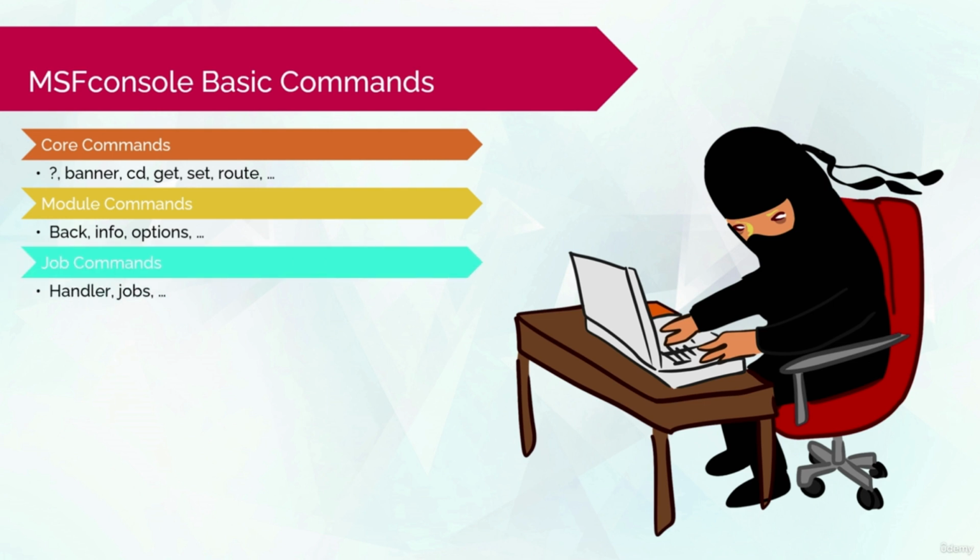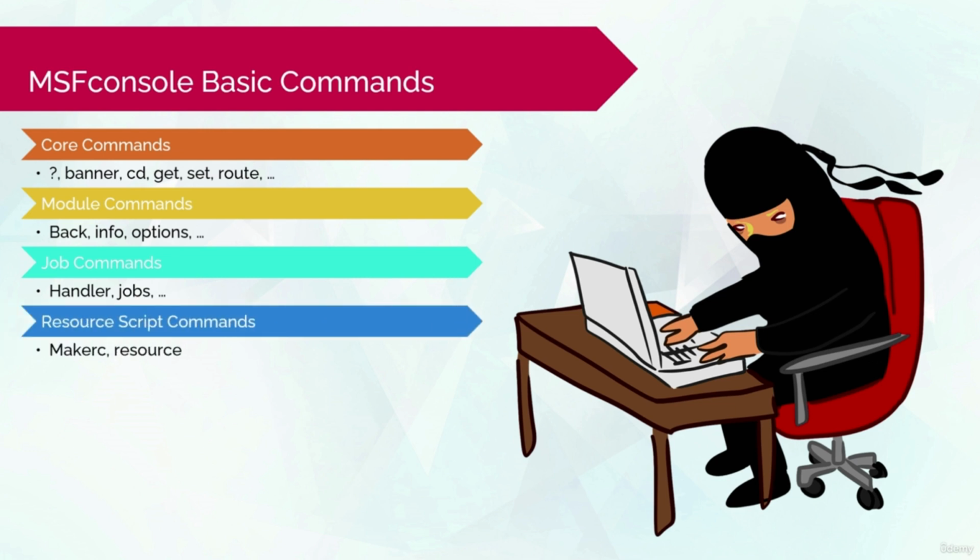Job commands are basically used for interacting with your sessions and to view the status of the jobs that you've started. Resource script commands allow you to record and run your own scripts to automate your routines. Developer commands allow you to edit the files and interact with Ruby.